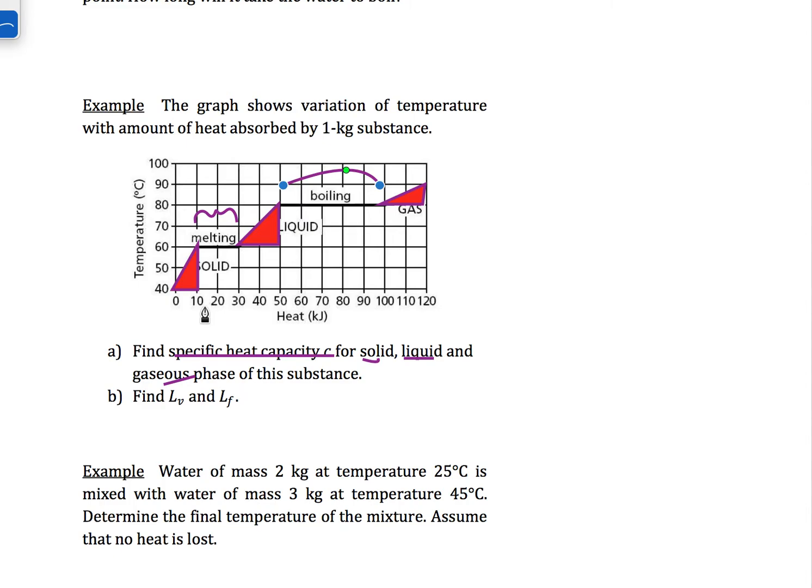we have the value of heat here, right? So for the melting, if you look at here, the substance started to melt at 10 kilojoule and stopped melting at 30 kilojoule. So the energy that is used this way is 20, right? 20.